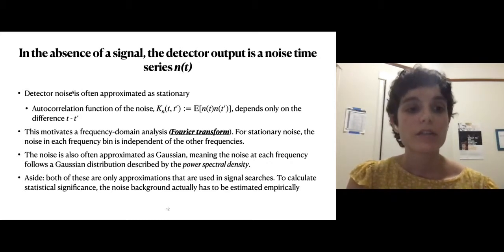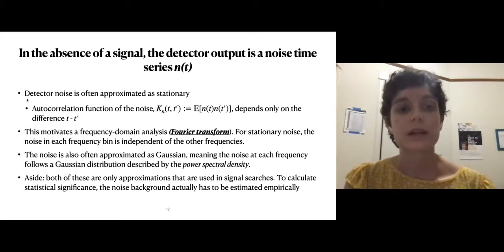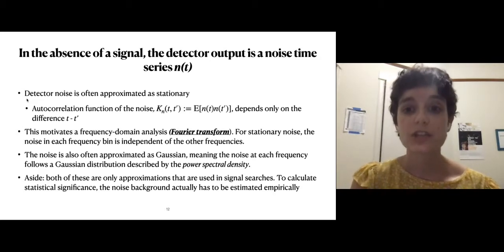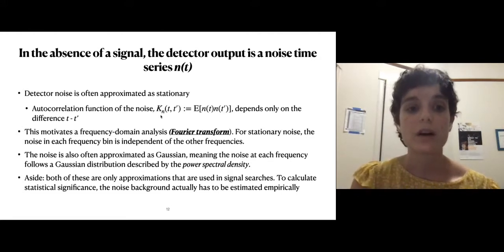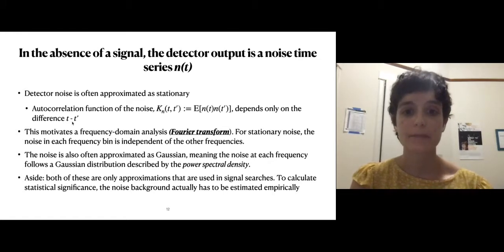And we often approximate the detector noise as being stationary, which means that the autocorrelation function of the noise, which is defined as this expectation value of the noise at some time t times the noise at some other time t prime, depends only on the difference between those two times, t minus t prime.